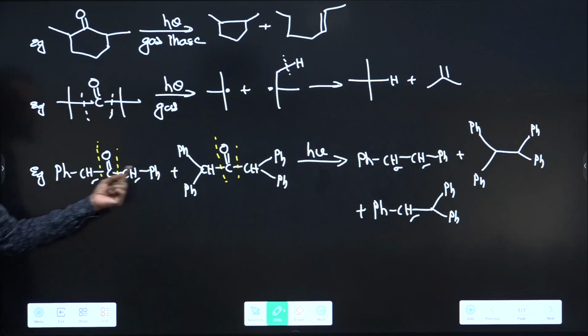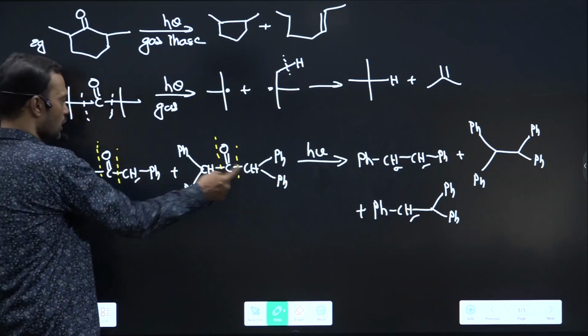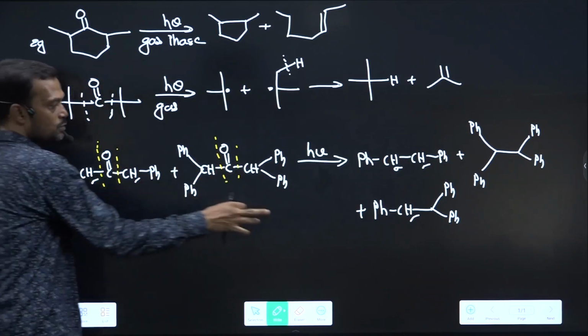Remove CO, combine these two. Remove CO, combine these two. After removing these two COs, this combines with this one. That is this product.